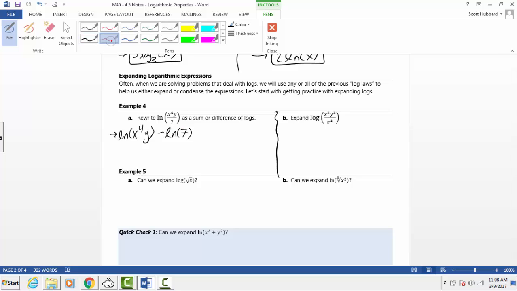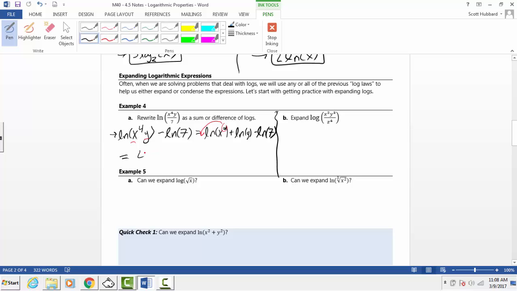And then I notice now I can do product rule because I have 2 things right there. So this is going to equal ln x to the 4th plus ln y, and I still have minus ln 7. But now with this ln of x to the 4th, this 4th power can come down.